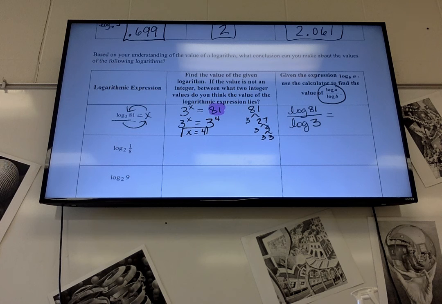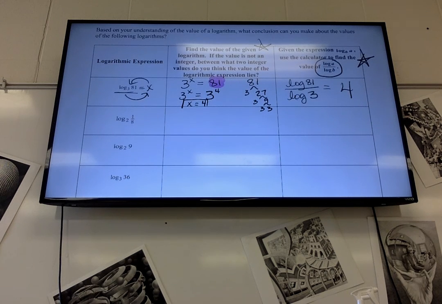So log 81, close parentheses, divided by log 3, close parentheses. What do you get? You get the same answer. Which obviously this way is much easier. Unfortunately, you're not always going to get to use a calculator. So we've got to know how to do it this way too. So we're doing them side by side.